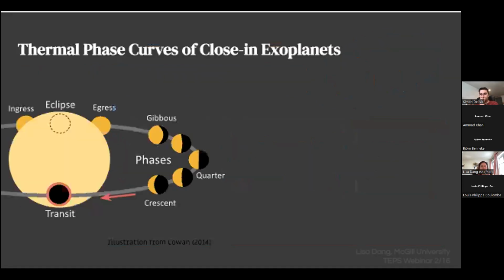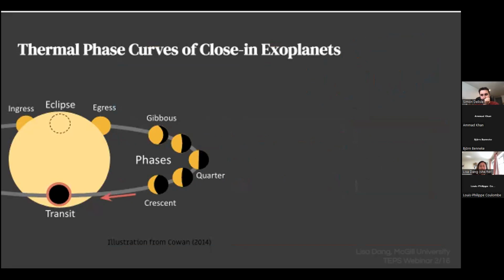So my talk today will mainly focus on, again like Simon, atmospheric characterization of transiting hot Jupiters. I'll quickly remind you of the basics. These are gas giants that are blasted with stellar irradiation because they're really close to their host star.